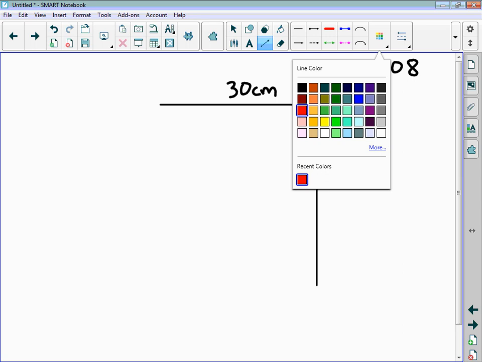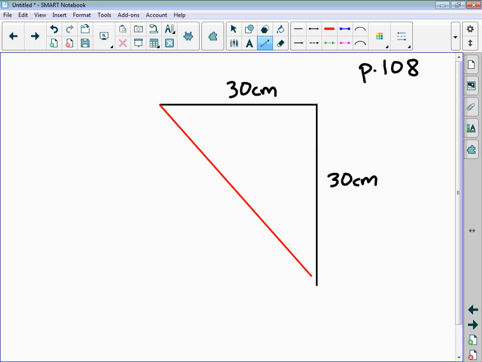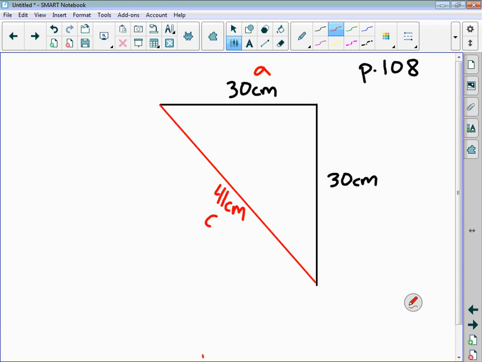The measurement connecting the two, this obviously doesn't look correct, but if this was 41 centimeters, is this a right angled triangle? Well, to test it out, all we have to do is say, if it is, then 41 centimeters is C, because it's our hypotenuse, and this is A and B.